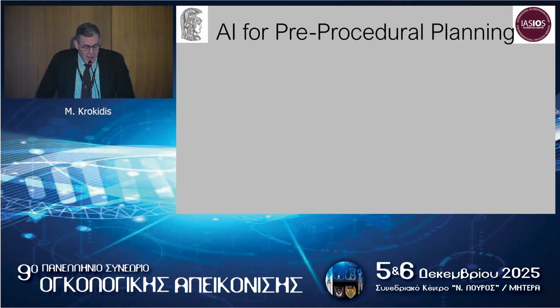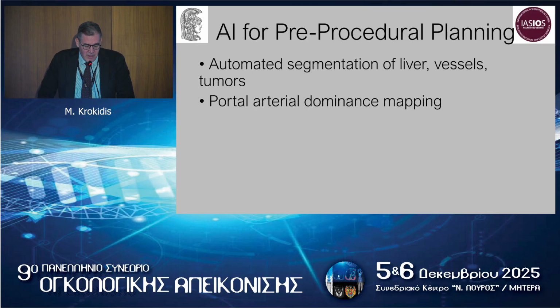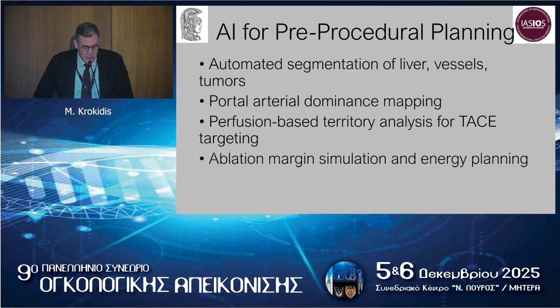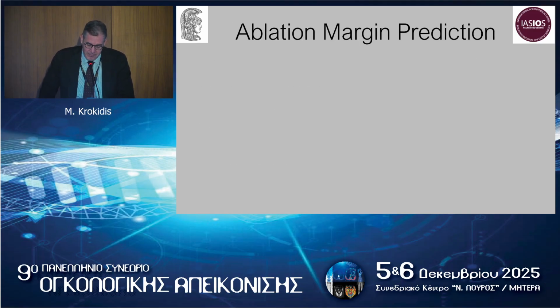We can use AI for other applications like pre-procedural planning. And this can be done with automatic segmentation of imaging, and perfusion-based territory analysis, for example, if we use TACE, and ablation margin simulation, if we would like to assess whether we have done enough ablation and would like to tailor that to specific energy source planning.